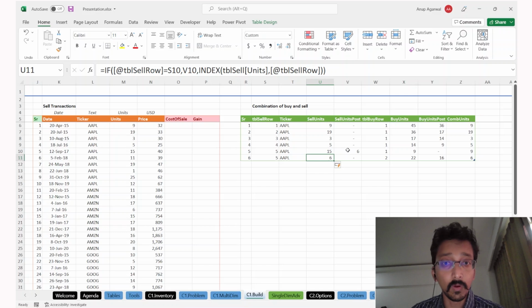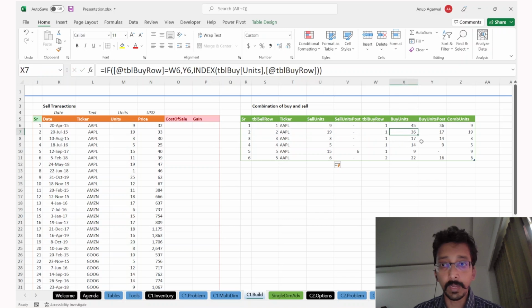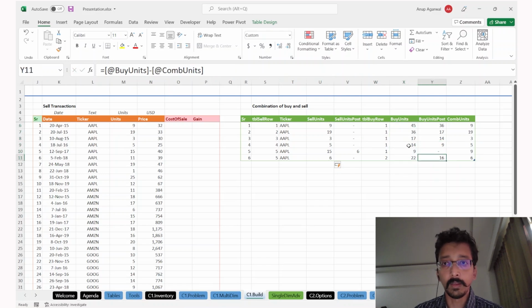Now in doing all this, I don't think I mentioned that, when I updated this formula, it updated the whole column. So whenever I was updating any formula anywhere in this table, it updated all the rows in that column. So that makes it a little bit easy to update.